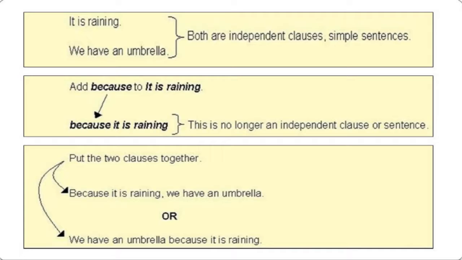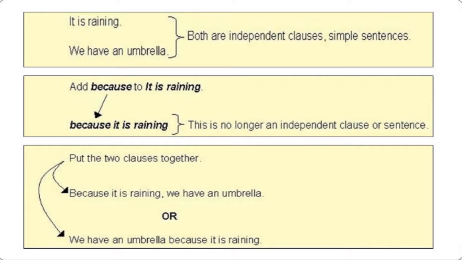Why suddenly am I saying because it is raining? So this is considered a dependent clause. So when you combine those two sentences together, because it is raining, we have an umbrella. Because it is raining is considered a dependent clause, and it requires the assistance of the independent clause, in this case, we have an umbrella.